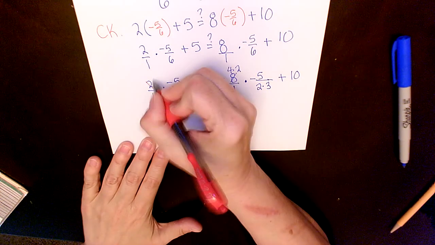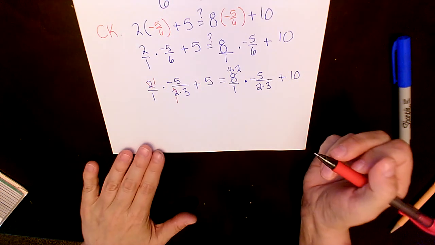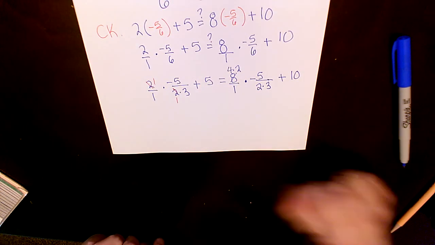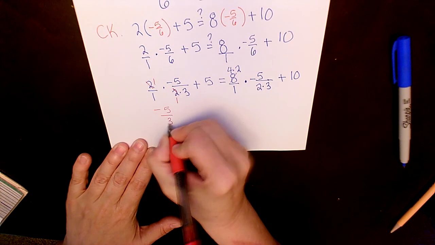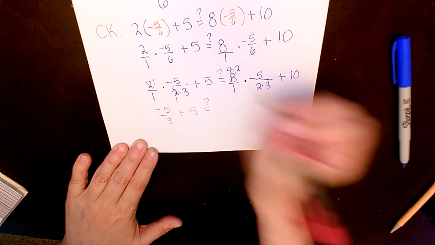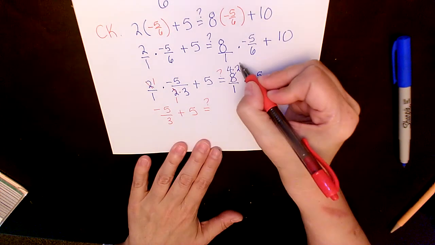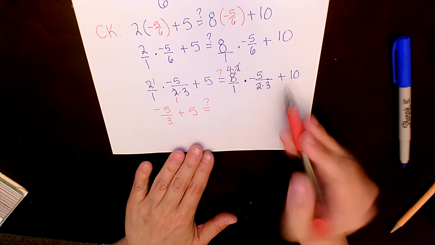So I can cancel the 2's, and I'm going to multiply across. I have negative 5 over 3 plus 5. And I can cancel the 2's here and here. I'm going to multiply straight across.